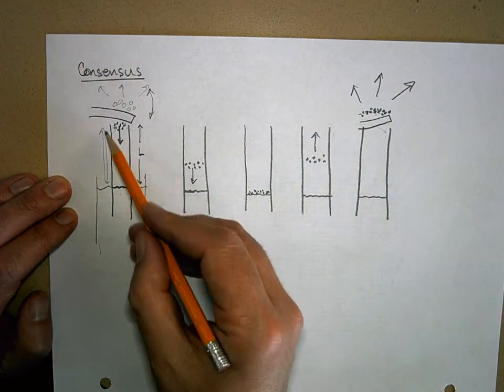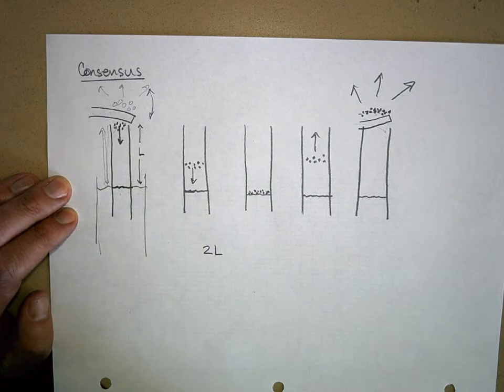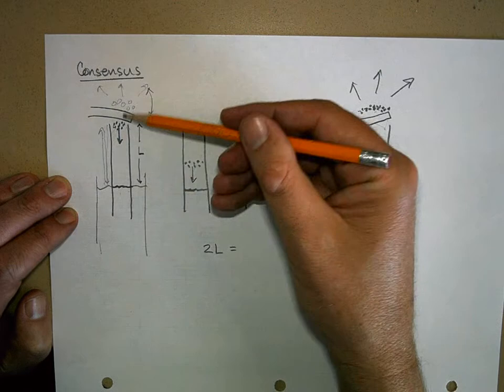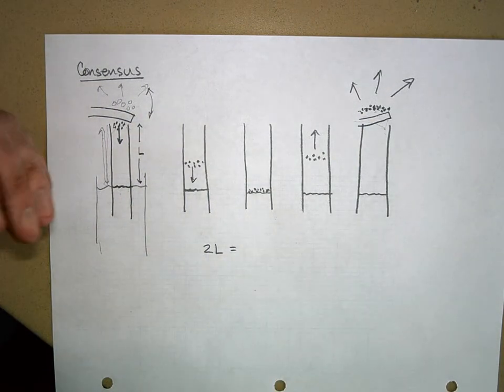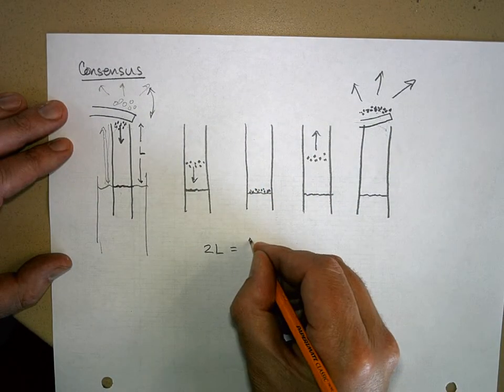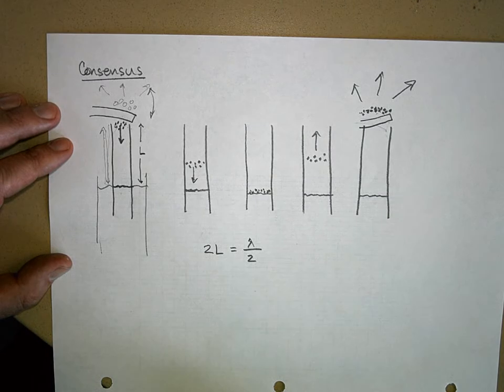That means that L plus L, that is 2L, twice the length of the pipe, because it has to go down the pipe and back up the pipe, we want it to be equal to the distance that the wave travels in half a wavelength. Does that make sense?